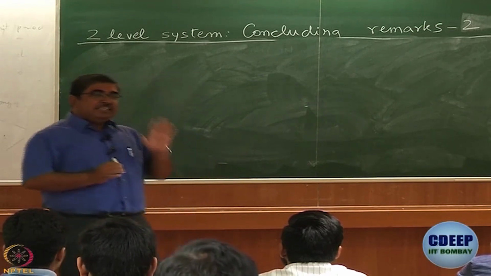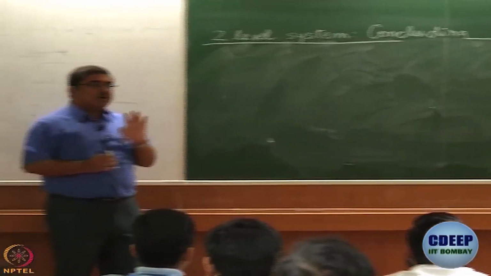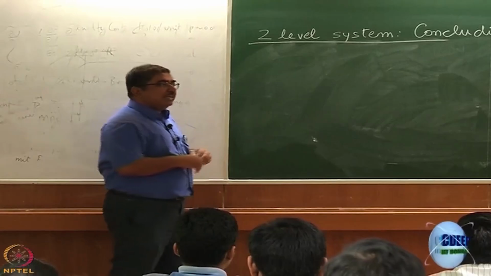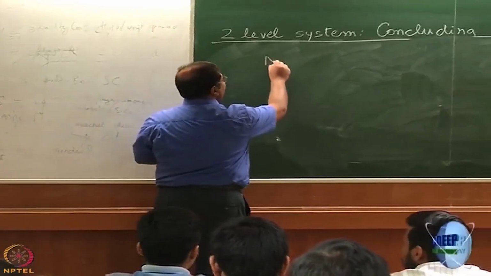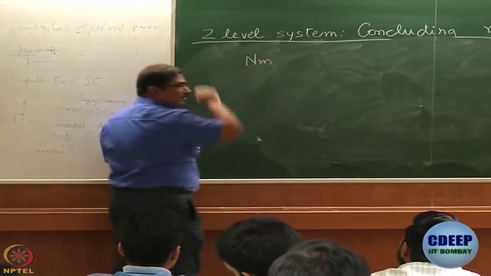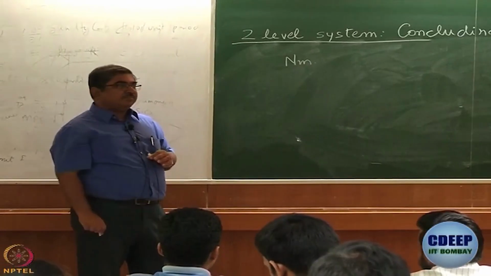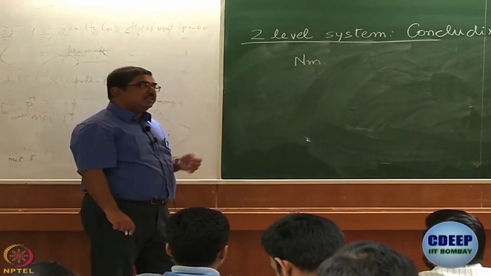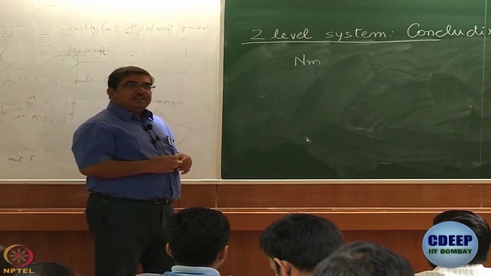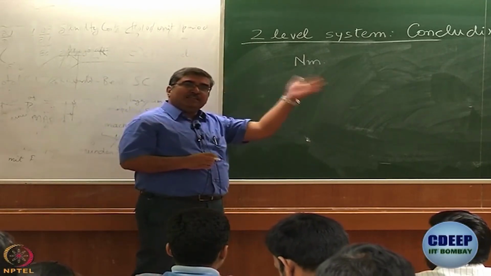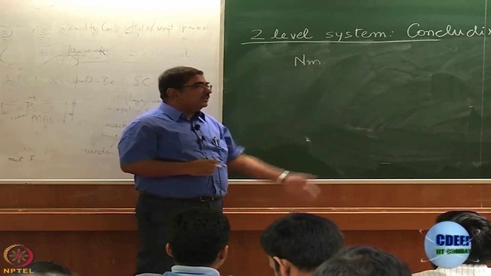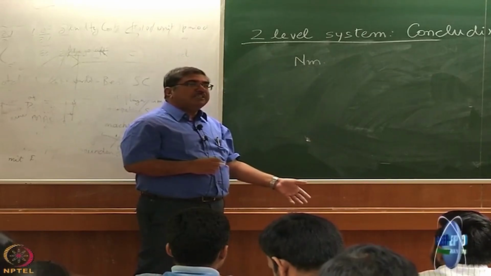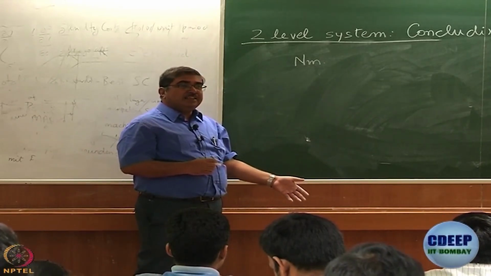Of course, at the instant when I switch the perturbation off, there is some excited state population Nm. Alright? So what happens? The moment I switch the perturbation off, does all this population deplete? Do all molecules come down to ground state in an instant? Not really.